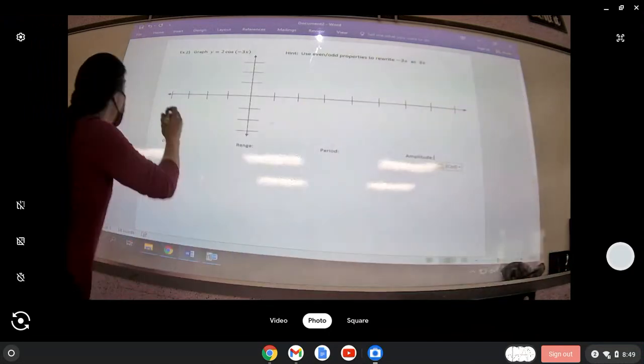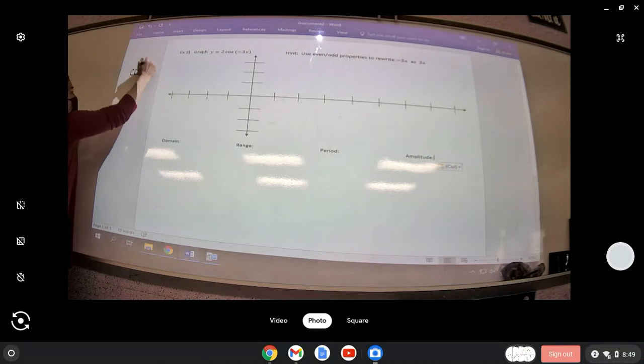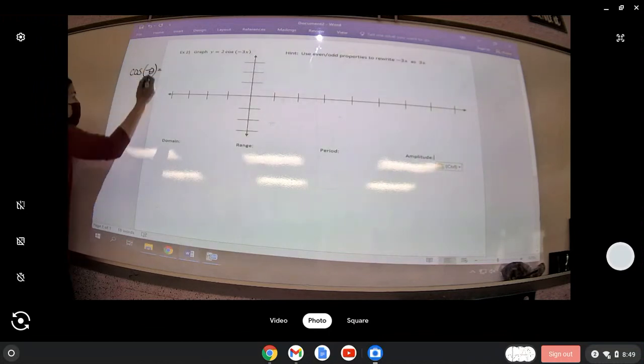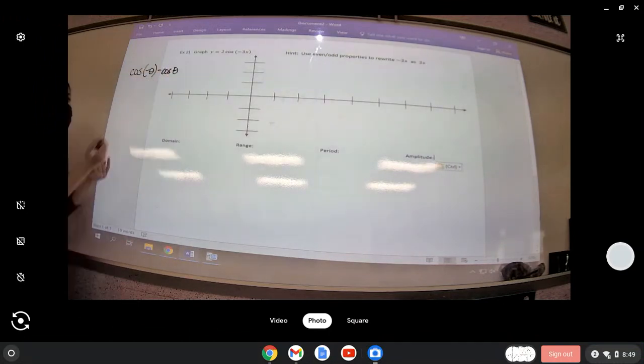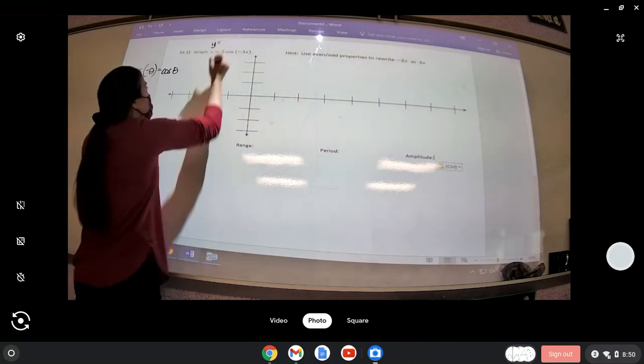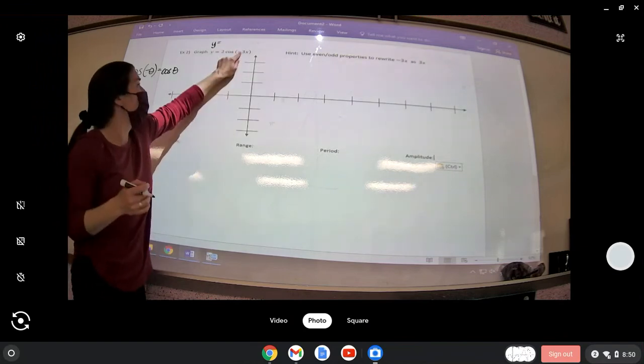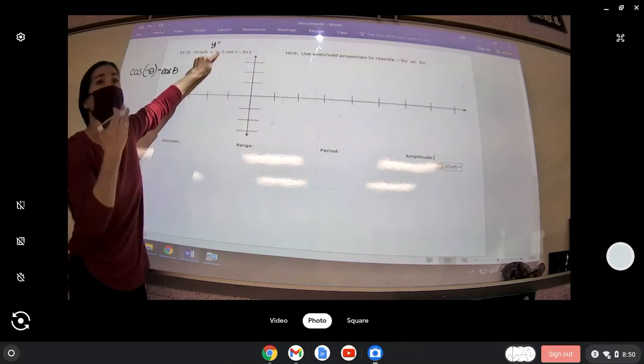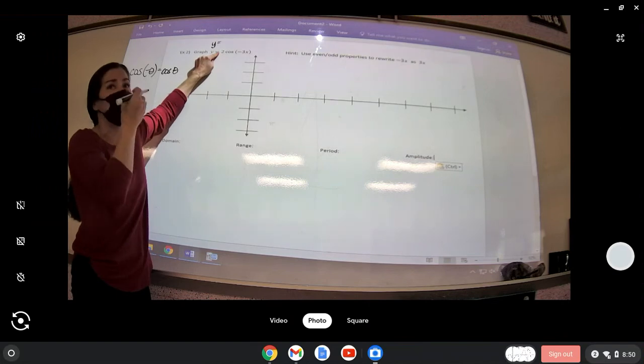So guys, remember, the cosine of the opposite of theta was equal to the same ratio as just cosine theta. So remember, it's kind of like you pull that negative out and it either went in front or it disappeared. Being that the cosine function is even, I can rewrite this as y equals, if it was an odd function, I would pull it out and put it in front, and it would be negative 2 times the cosine of 3x.